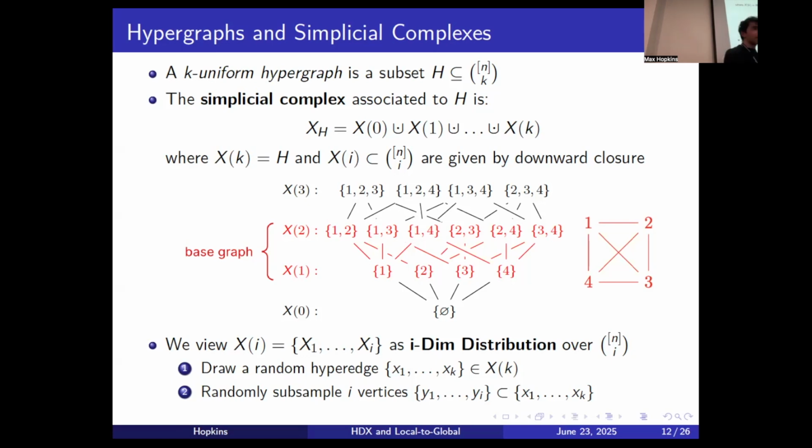You can think of the weights of the edges in this base graph as capturing the correlation between, say, vertices 1 and 2. How often do they appear together in a hyperedge? So this base graph captures pairwise correlations in the hypergraph. Geometrically, it is also the graph that you would see when looking at this hypergraph if you projected down to edges. Any questions about this definitional setup?